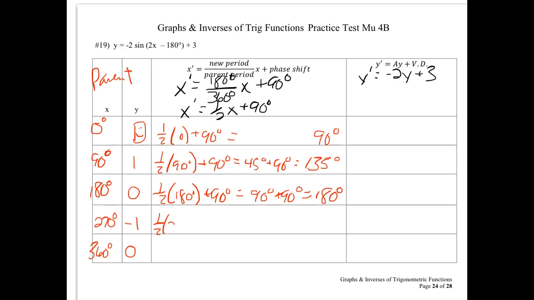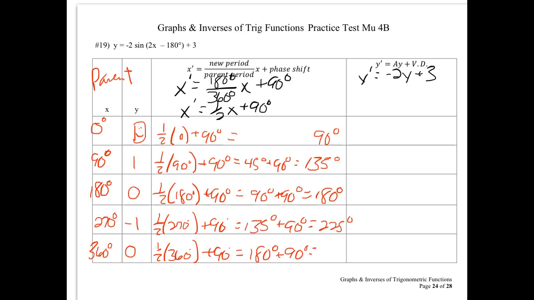Then we get half of 270 degrees plus 90, which is 135 plus 90, which is 225. And then we have half of 360 plus 90, which is 180 plus 90, which is 270.